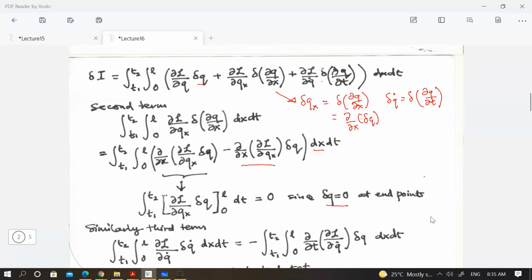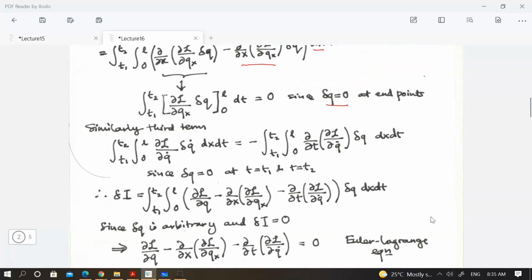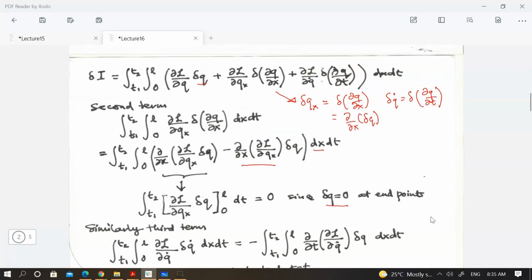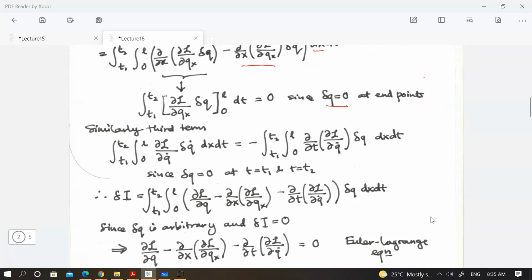Okay. The time derivative is just like before. Again, you want to remove the d dt on your delta Q. You can remember that this can be thought of as d dt of delta Q. So again, the story is the same.